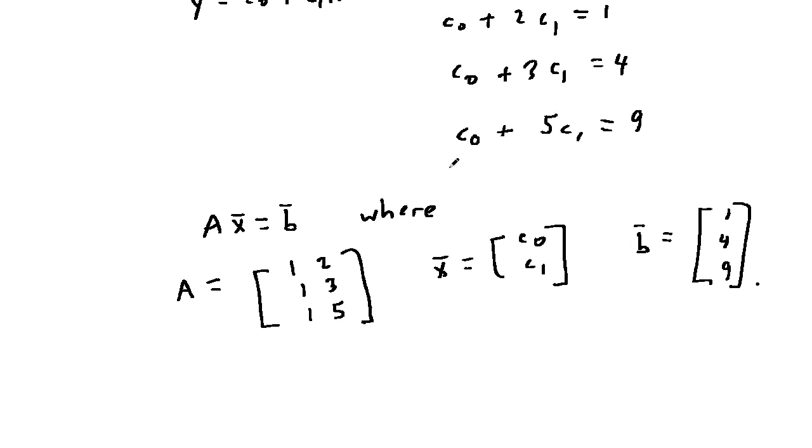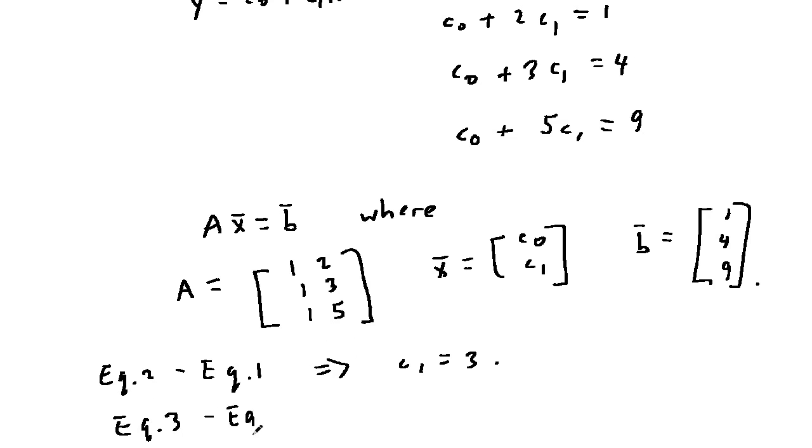Now let's look at the system of equations right here. Let's do equation 2 minus equation 1. So then we get c1 is equal to 4 minus 1, which is 3. Let's do equation 3 minus equation 2.